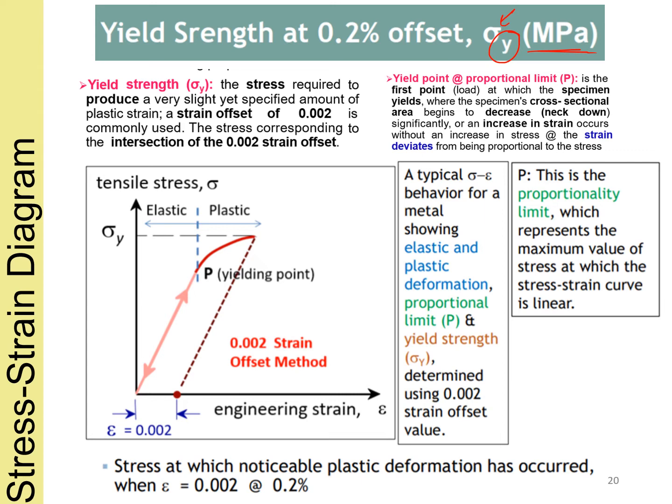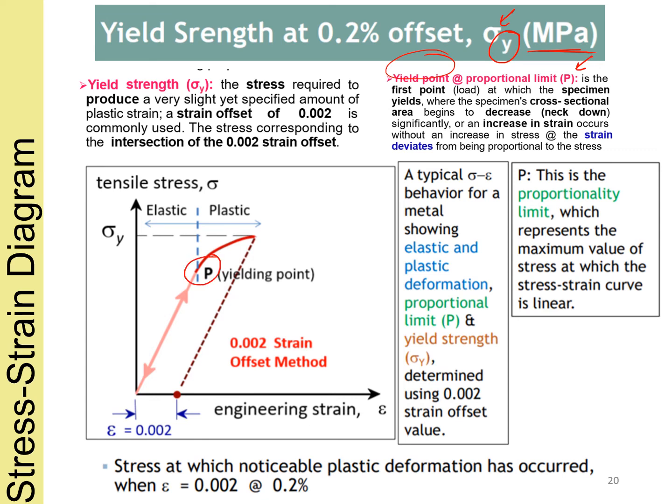The yield point occurs when the material transitions from the elastic behavior, where if we remove the applied load we return back to the original, to the plastic behavior where the deformation is permanent. So in this case, the yield point, by definition, is denoted by P. Here, you can see the P.